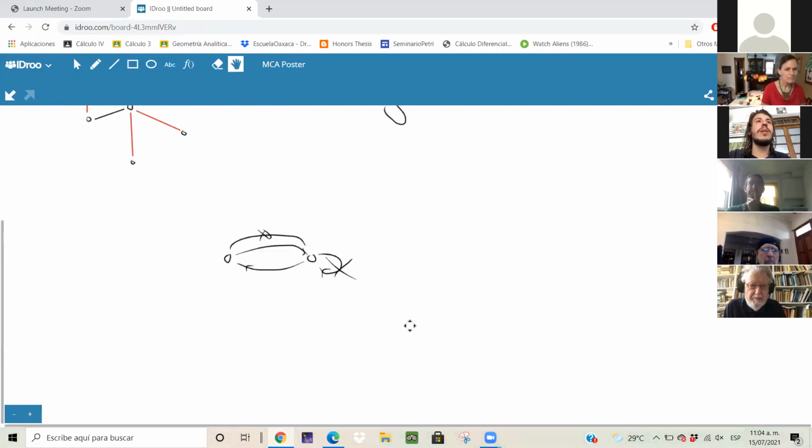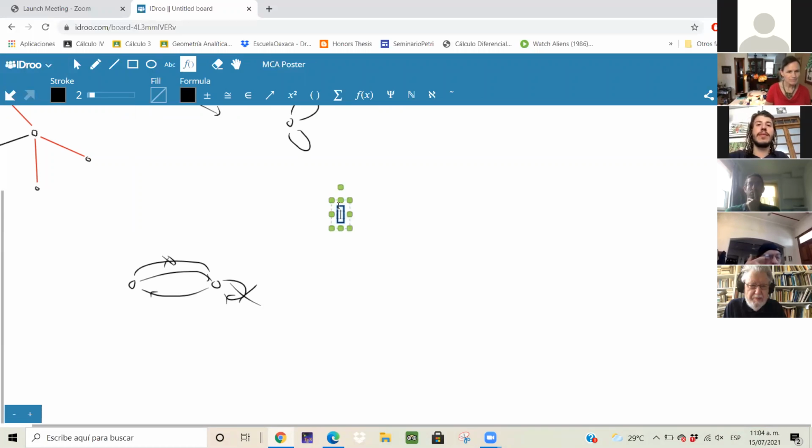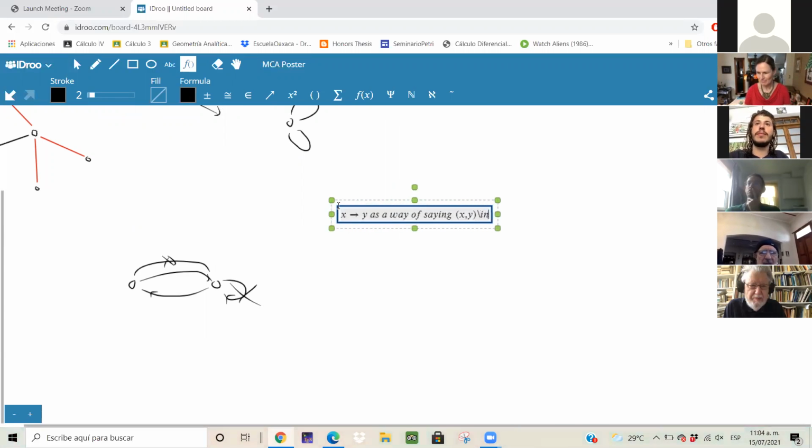Every time that we have an arrow, we're gonna denote it by x to y for short, as a way of saying (x, y) is in E.